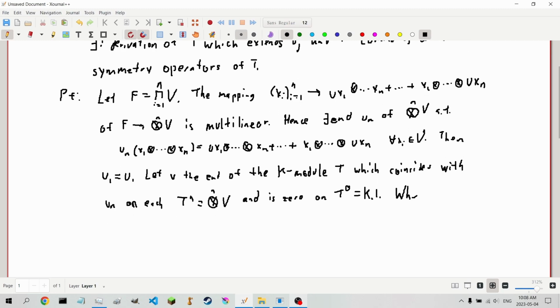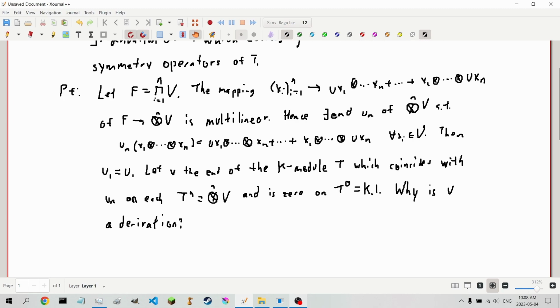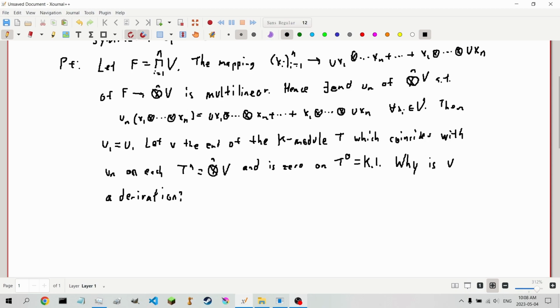But how do we know that this map V is a derivation? I mean, the idea behind this map V is pretty clear. We just need to make sure it satisfies our definition. And keep in mind the product, not the Lie bracket, but just the algebra product on a tensor algebra is just the tensor product.